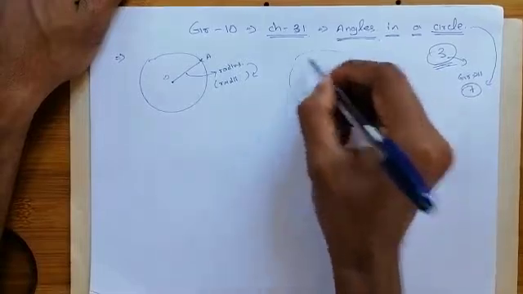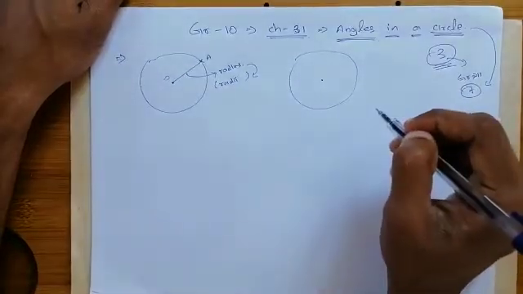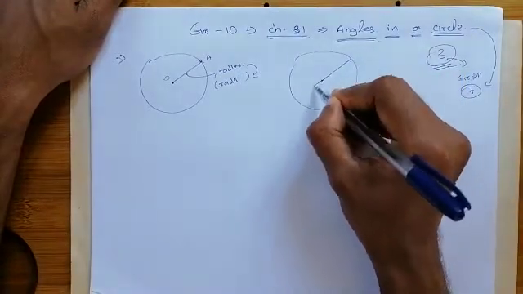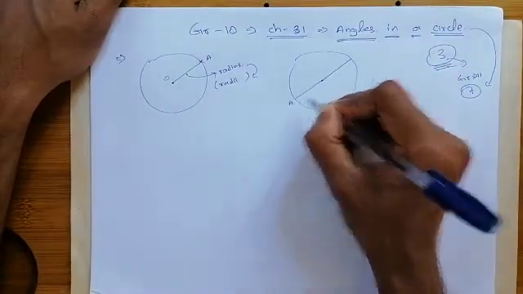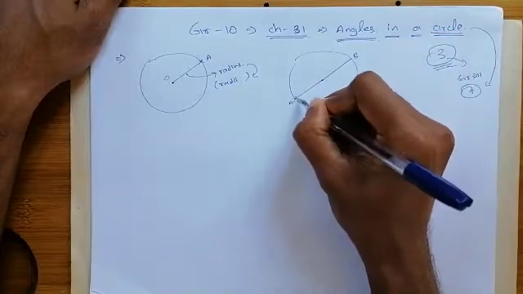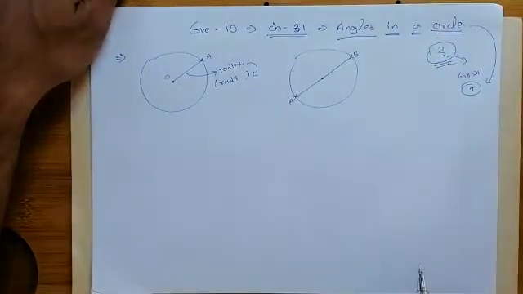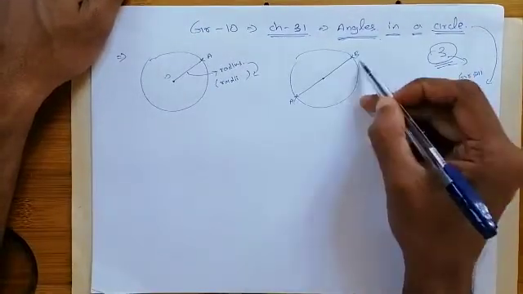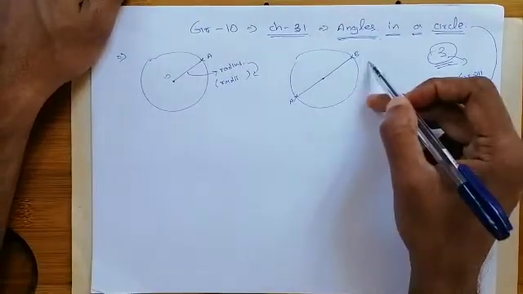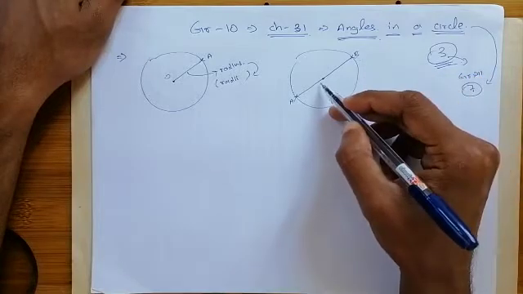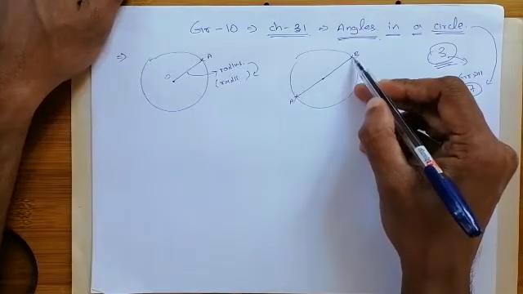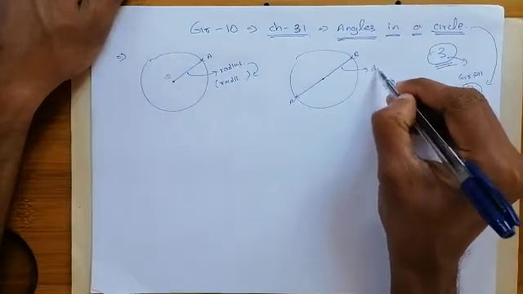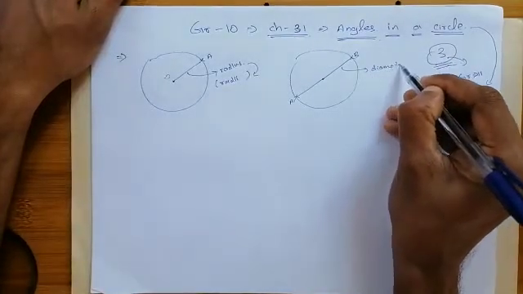The second part: a line passes through the center, connecting 2 points on the circumference. It passes through the center and also connects 2 points of the circumference. We call it the diameter, we all know.